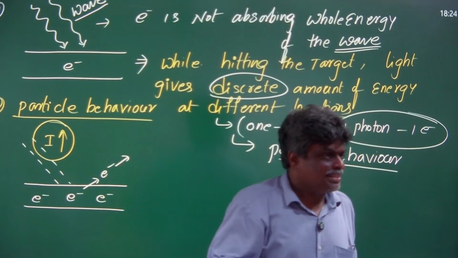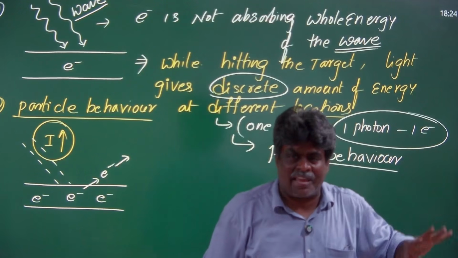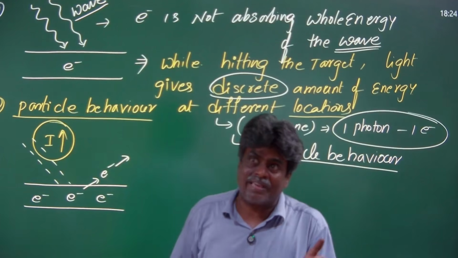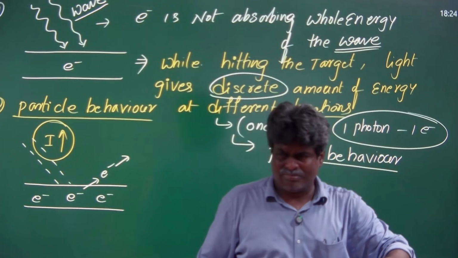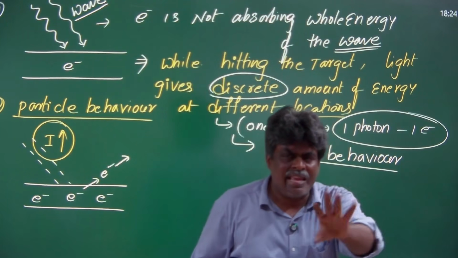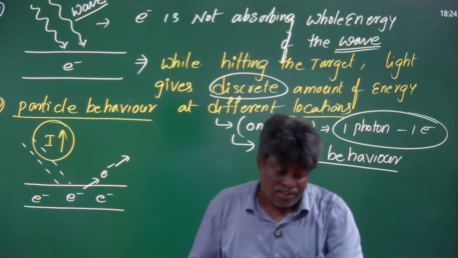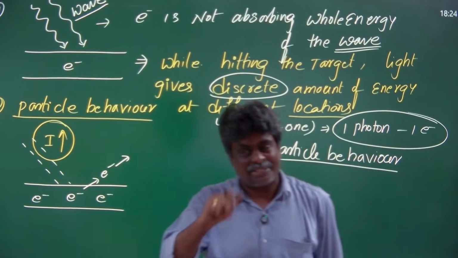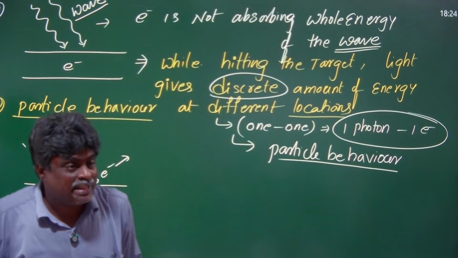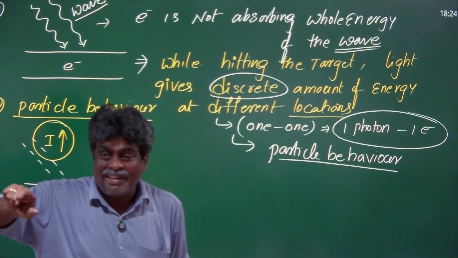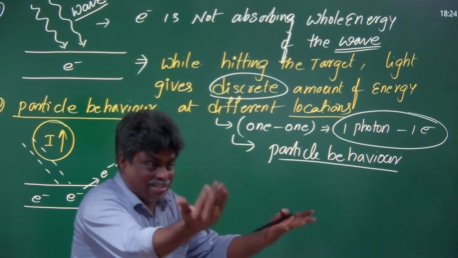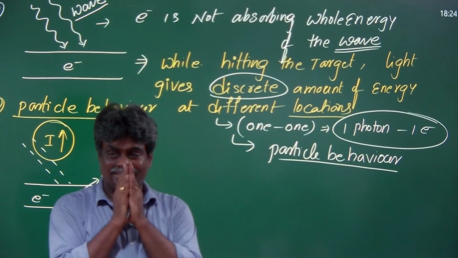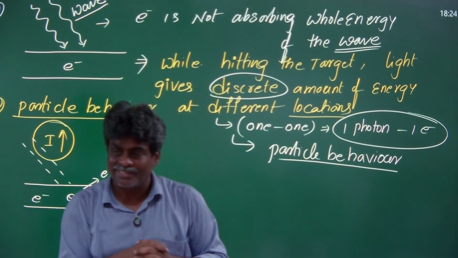Then the number of electrons will remain the same, there should not be any increase in the number of electrons. Why? One to one only, right? Here this is the problem. What did they find experimentally? If intensity is increased, the number of photoelectrons increased. What is this?